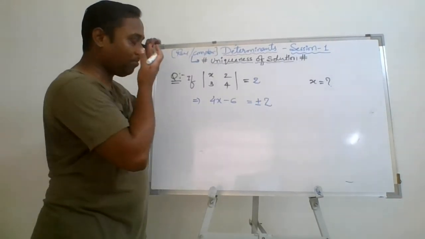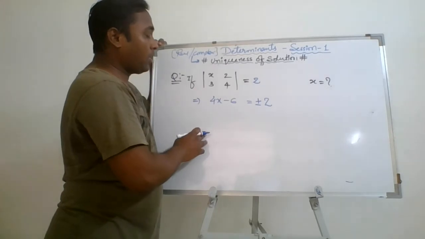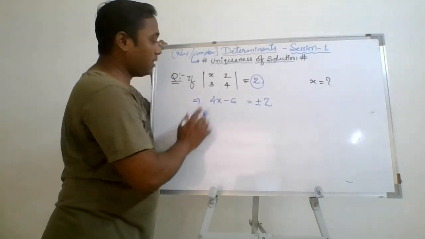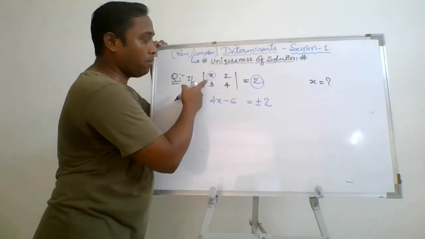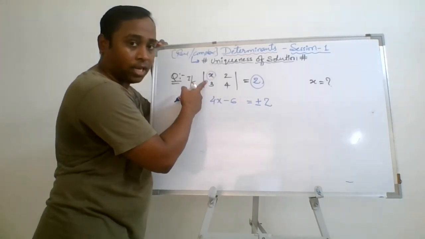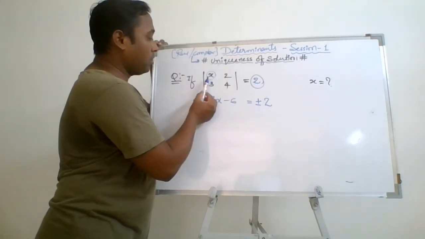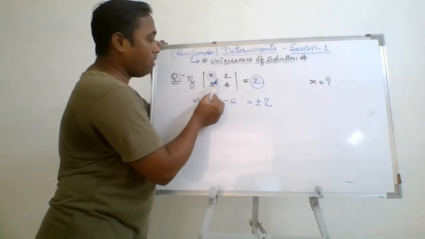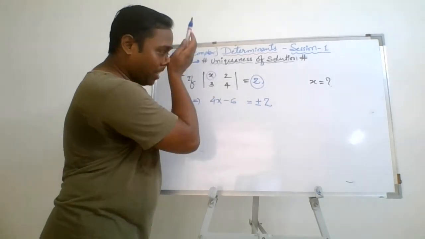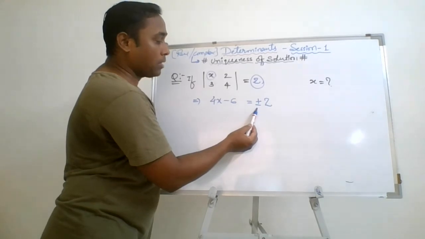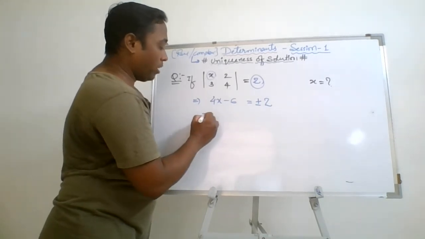Reason here, this quantity may be plus, may be minus, depending on the value of x. I am repeating here, the value you are taking here, 2, depends on the value of x. So while eliminating like this, that is when the value of the determinant is given as 2, we are taking plus or minus 2 to solve for the value of x.